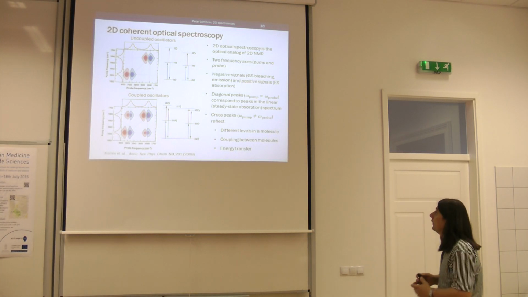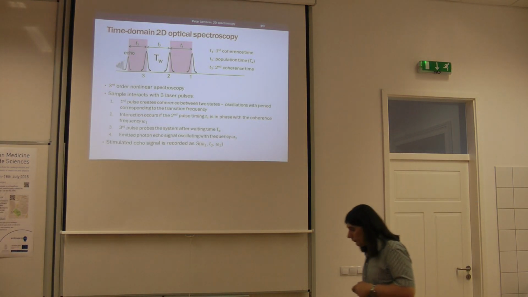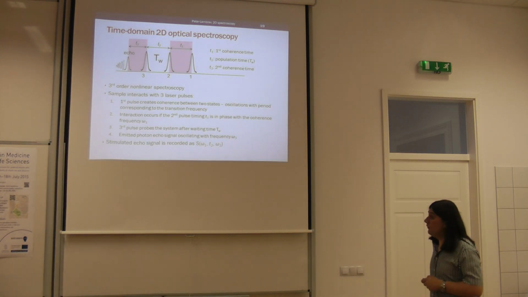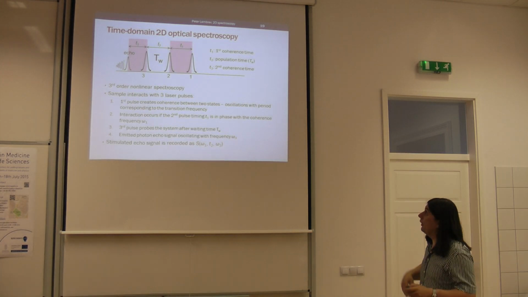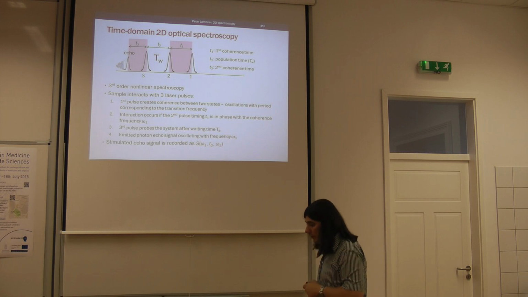It's basically the same thing. That's why, as you will see, it is very useful to follow and to map energy transfer between different molecules. So how do you do the two-dimensional spectroscopy?